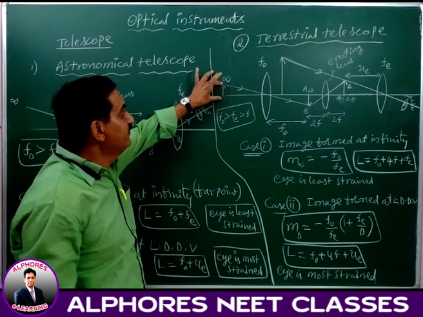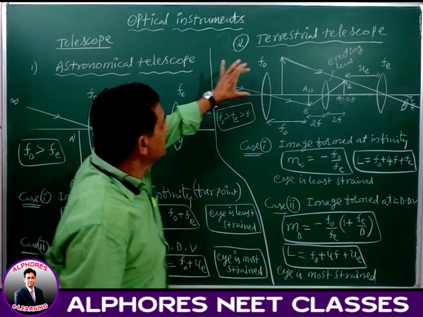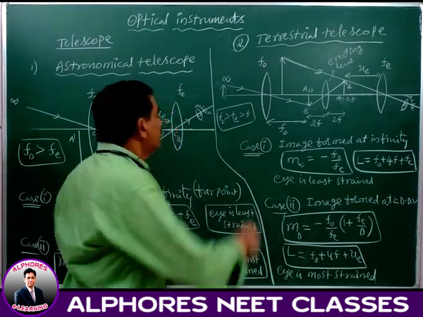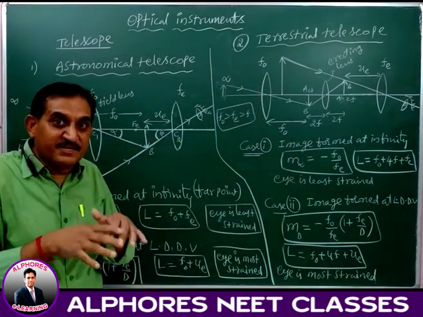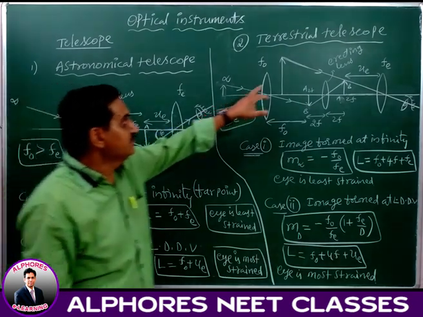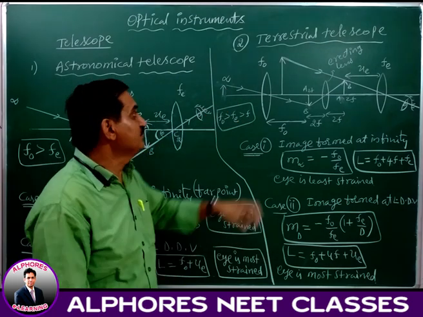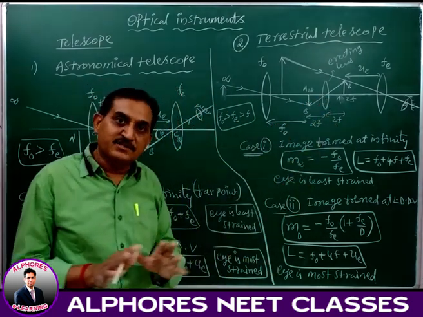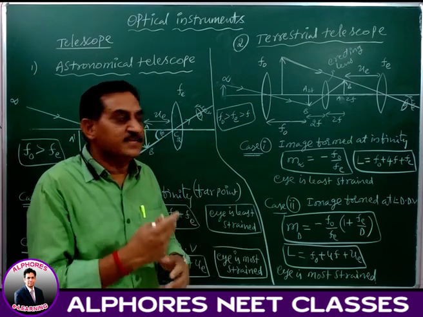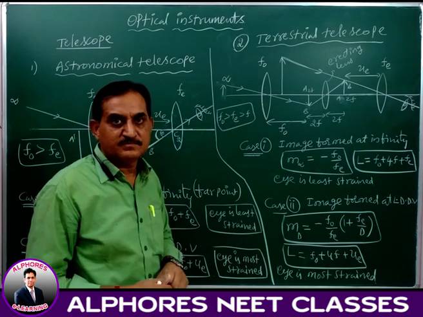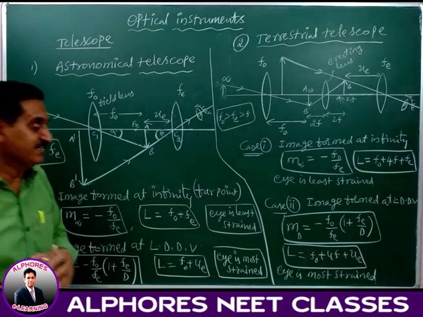This is the original building and its corresponding image we can see like this. As it is erected, there is no effect while taking the observations of this building. For that purpose we are using the erecting lens, nothing more. The erecting lens is just used to erect the image formed by the field lens without changing its magnification. That is the role of the erecting lens.